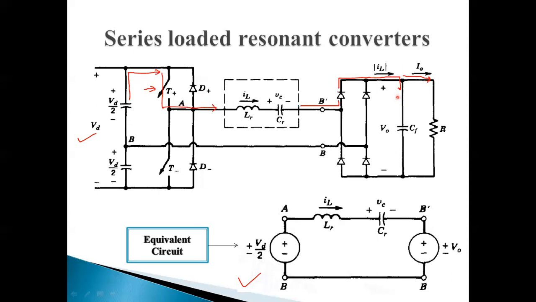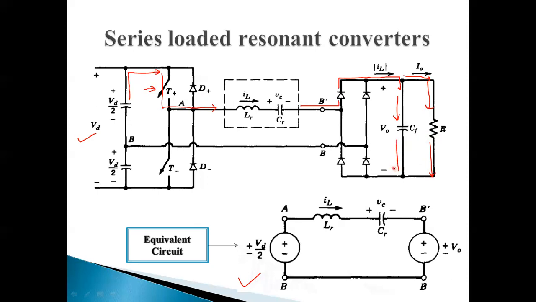Consider this current flowing through this. If current is flowing through this and through this, the voltage across the CF or R will be the same, because both elements are in parallel.